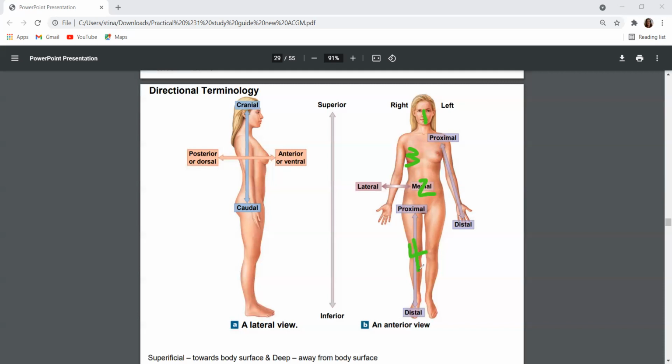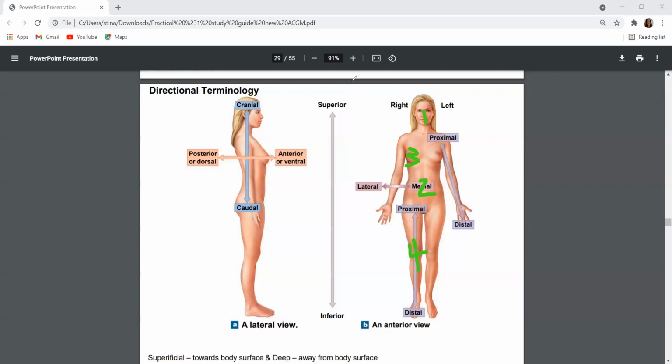Number 3, the breast, is superior to the knee, number 4. So again, the breast, number 3, is superior to the knee, which is number 4. But if we flip that around, the knee, number 4, is inferior to number 3, which is the breast.